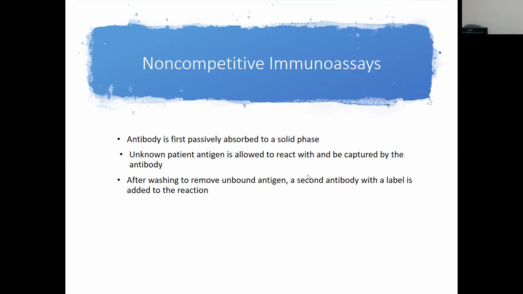And then after washing to remove unbound antigen, a second antibody is labeled with that bright, hey, we're going to change colors. It's going to go in and look for the antigen, okay. So it's called kind of a sandwich. You're going to get an antibody, the antigen, and another antibody, okay? So if the patient did not have any antigen in the first, we put that onto the antibody.